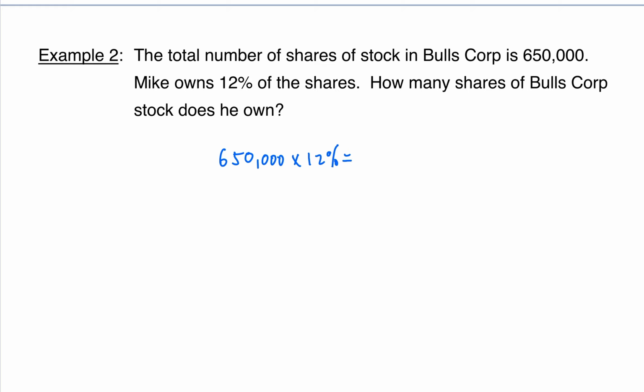And punching that into the calculator, we would get 78,000 shares. Okay, so that's how much he owns, or what 12% would represent. Now remember, when you make this calculation, that 12% needs to be converted into a decimal. So it'll be 650,000 times 0.12.